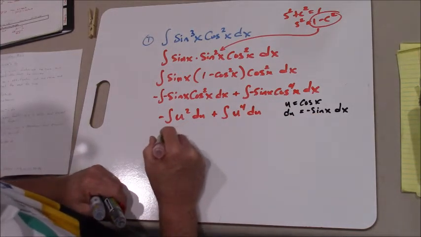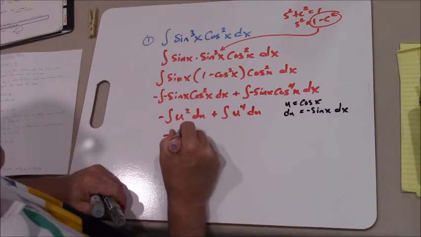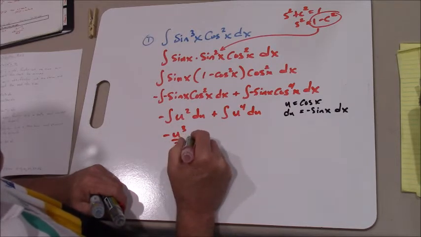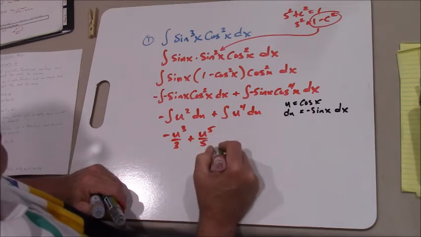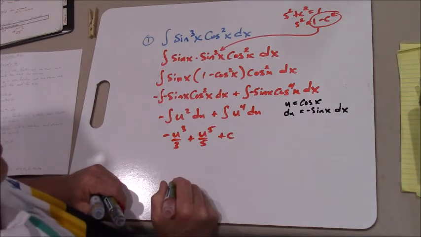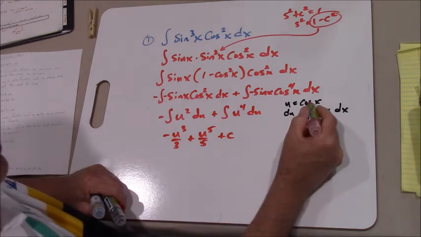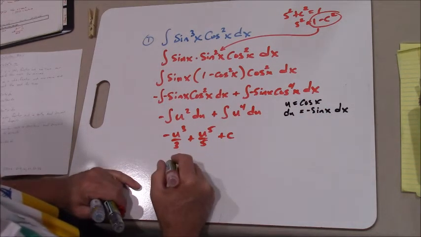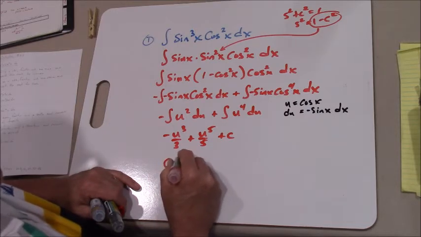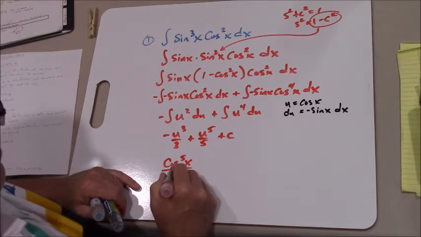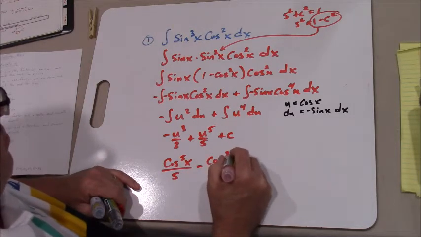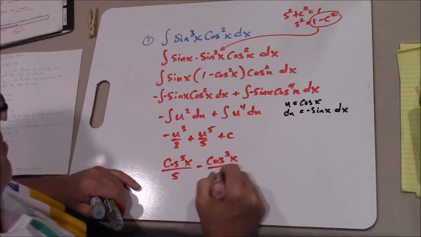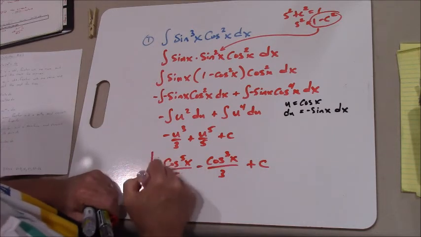And so what I get is negative u to the third over 3 plus u to the fifth over 5 plus c. And so now if I just get my cosine x back in there, I'll start with the larger exponent. I've got cosine to the fifth of x over 5 minus cosine cubed of x over 3 plus c.